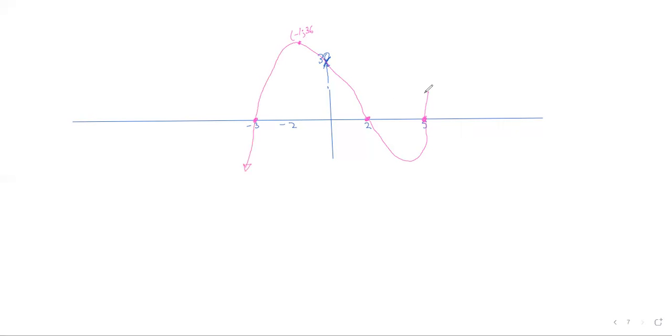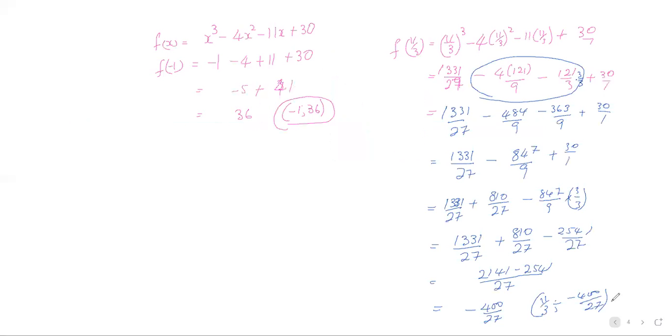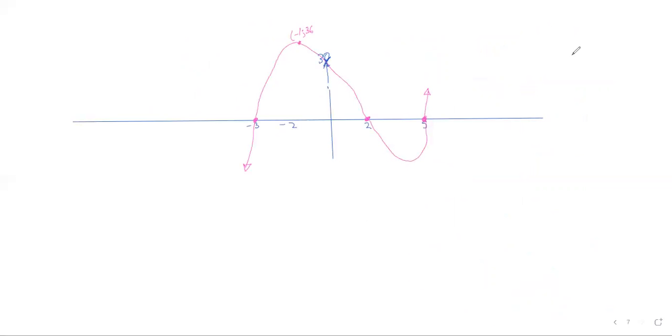We need to state the turning point here. And let's go back to our work. We had 8/3, which is 9 2/3. 11/3. It's going to be 3.6, something like 4 there.